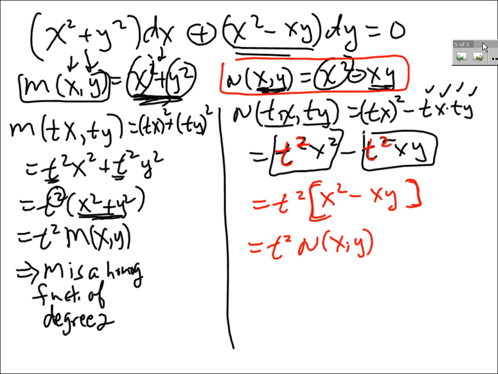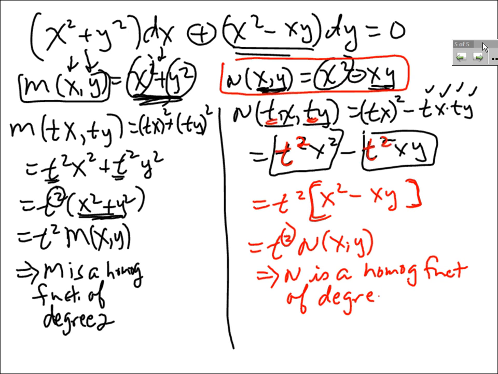So this t factors out. What this is saying is if anything is common, you can factor it out as that common factor to some power. The power can be any real number. Okay. So this implies that N is a homogeneous function of degree 2.